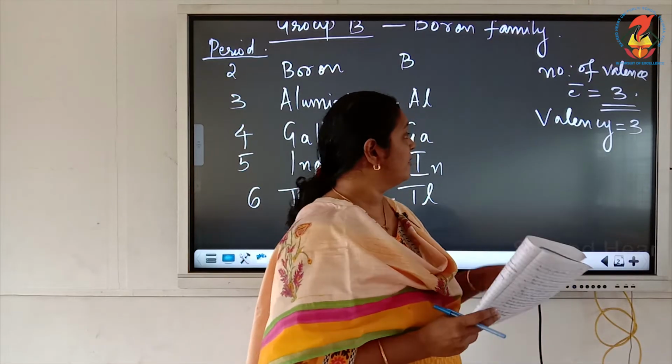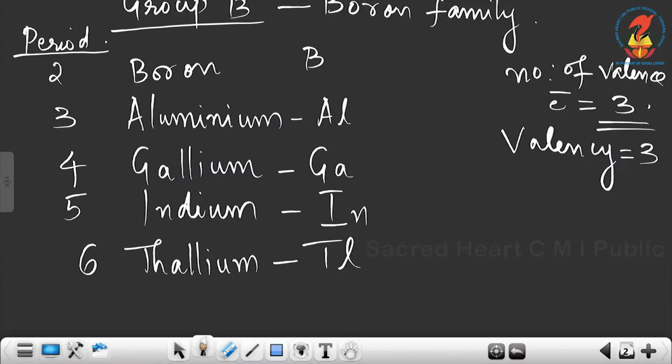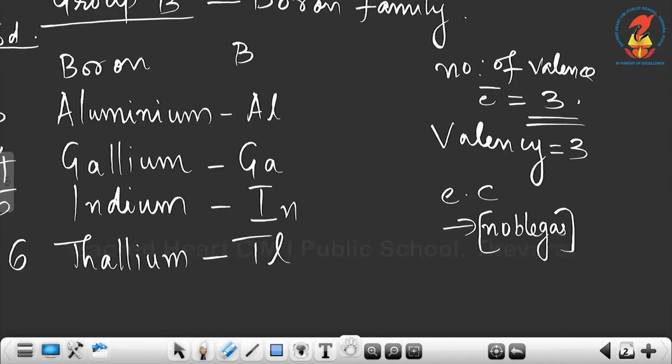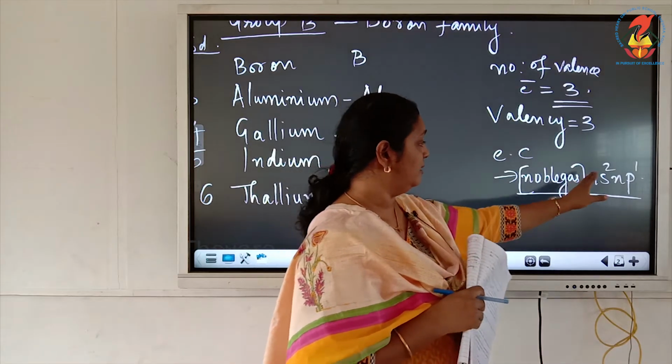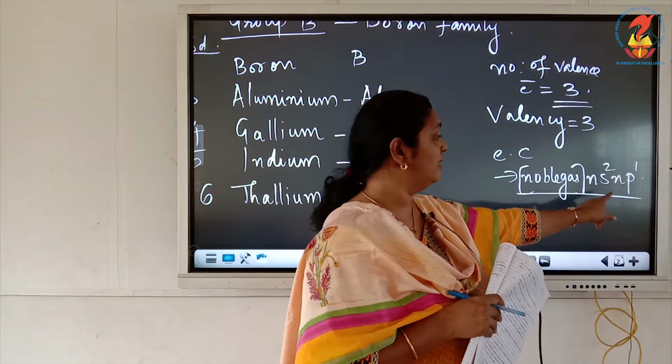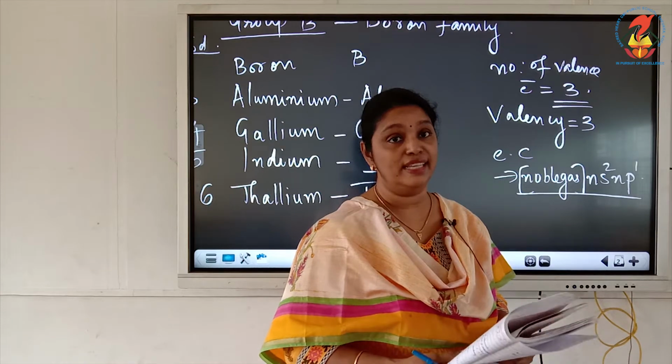The general electronic configuration of group 13 is noble gas ns2 np1. So you can see that the total number of valence electrons is 2 plus 1, which is equal to 3. So they can show a valency 3.